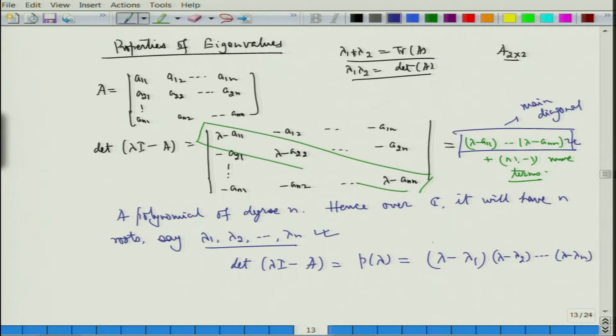And look at the coefficient of lambda to the power n. Coefficient of lambda to the power n here is 1, and the same thing is true here also, that coefficient of lambda to the power n is 1, and hence everything makes sense, there is no problem here. We generally write it in terms of product lambda minus lambda I, I equal to 1 to n.